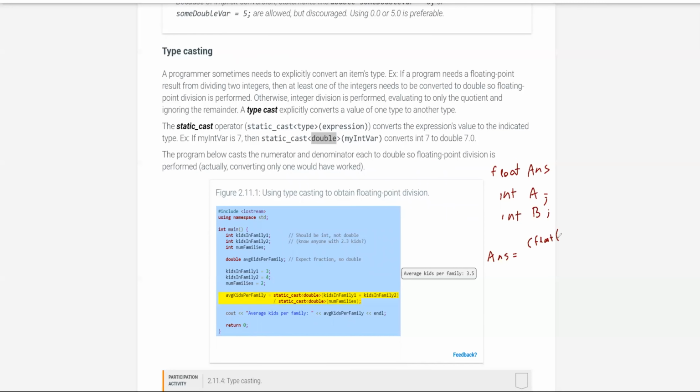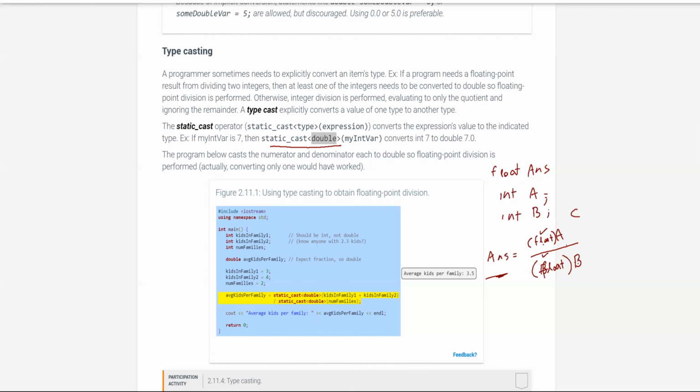Usually I can say float a, that is a conversion, and this one can be float, I'm sorry, float b, right? Float a and float b, and this will give you the answer in the float format. This is a conversion of integer to float. So this is what they're actually talking about here. Okay, so mostly in C, we write it like this. I think C++ also takes this format as well.